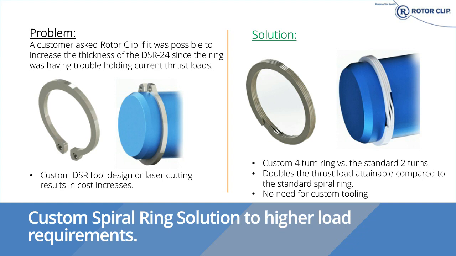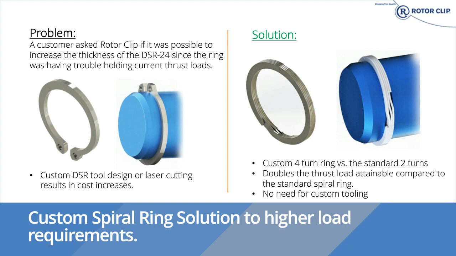And since the tooling and design work for this part were essentially non-existent, the price for this part was very similar to the standard part. No tooling cost, no laser cutting cost, which is something we could have done.